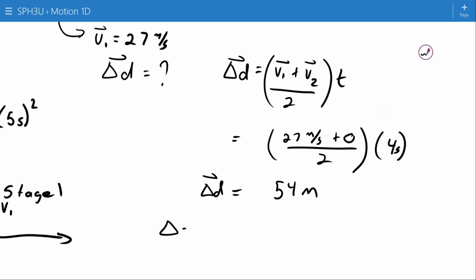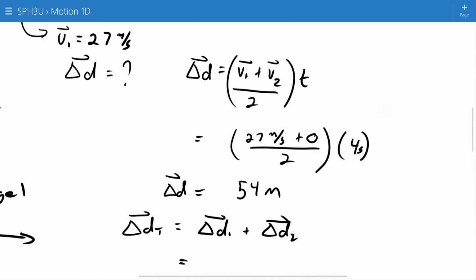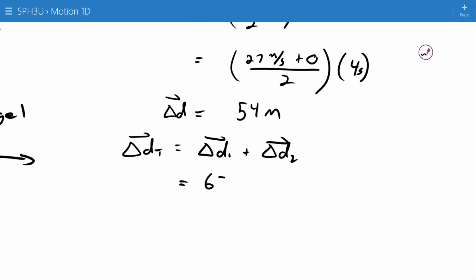So if I want my total displacement, I have my displacement from stage 1 plus my displacement from stage 2, which is 67.5 plus 54, for a total of, what is that, 121.5?